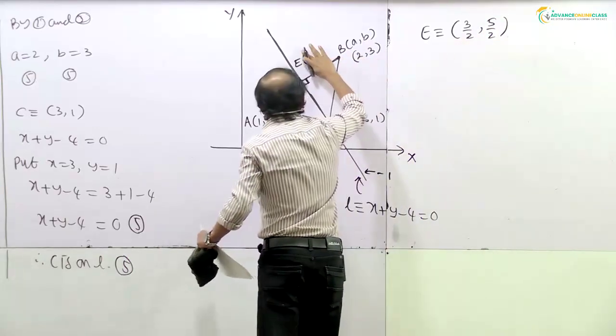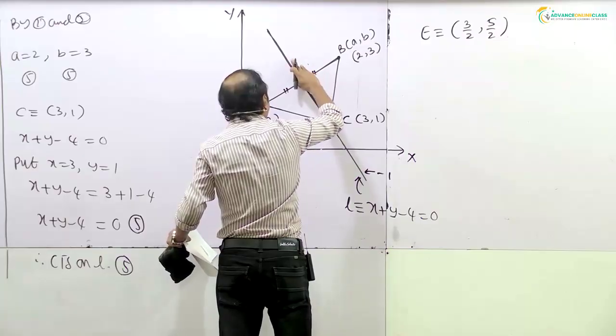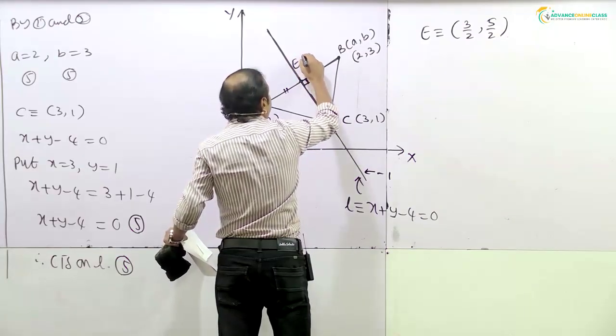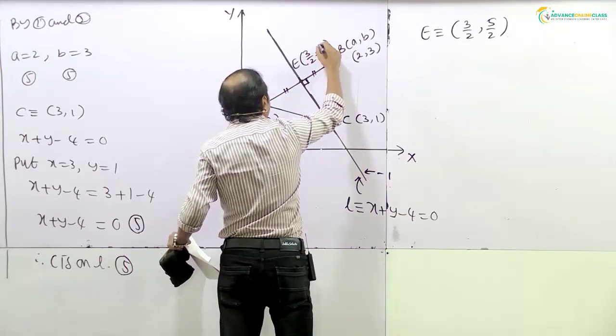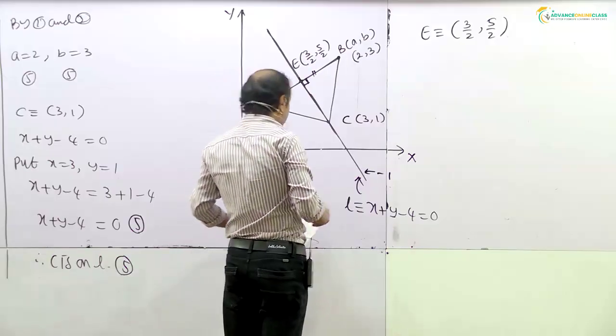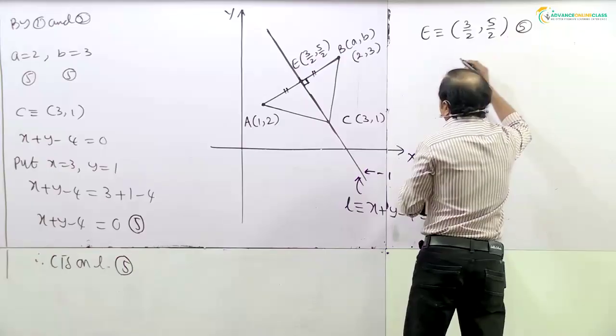So E is 3 by 2, 5 by 2. This point is E. Right. Okay. Finding E, this is 5 marks given.